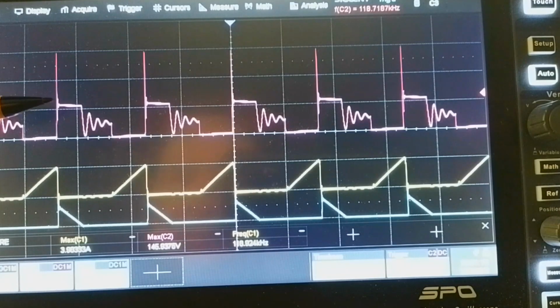And it stays here a little bit over 50 volts until the secondary current goes to 0, and then it goes back to 24 volts, but it oscillates around this 24 volts, and next cycle the FET goes on again.